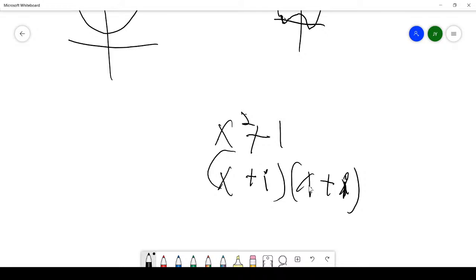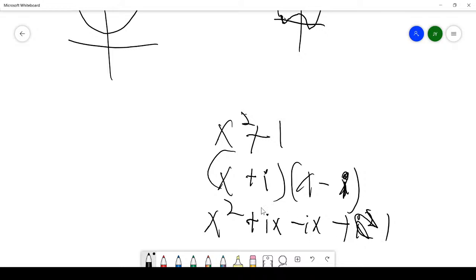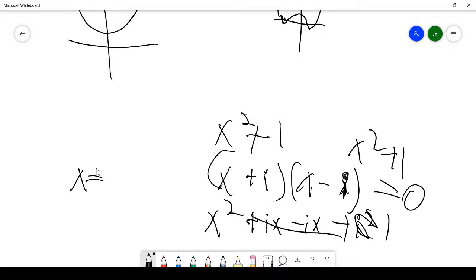Oh, no, no, no. It's x plus i times x minus i, and proving this, it's x squared plus ix minus ix minus i squared, which is -1, but you're subtracting it, so it becomes plus 1. These two cancel out, so it becomes x squared plus 1. So if we see here, for it to equal 0, x needs to equal either -i or i.